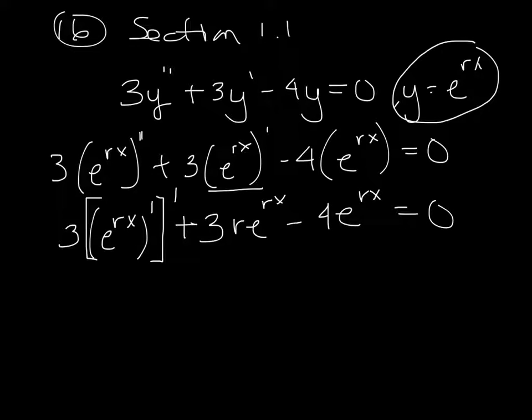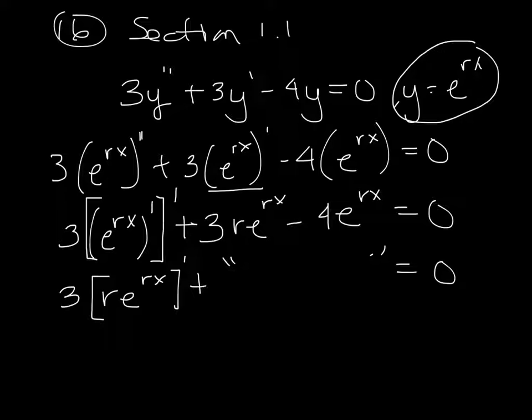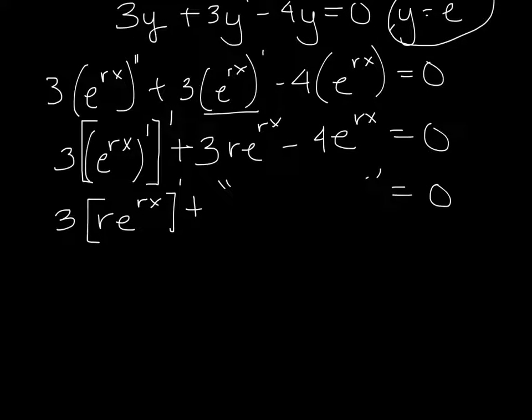And then for this guy, we can take the derivative, which we just did, and that is re to the rx, but we still have to take the derivative, plus, and I'm just going to go ahead and write these, it's going to be the same. So 3 times, now the derivative of this guy, this is just a constant, so we don't necessarily have to use a product rule.